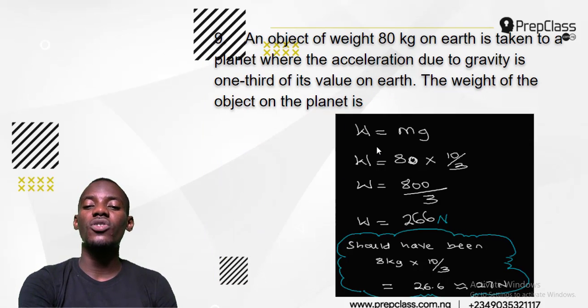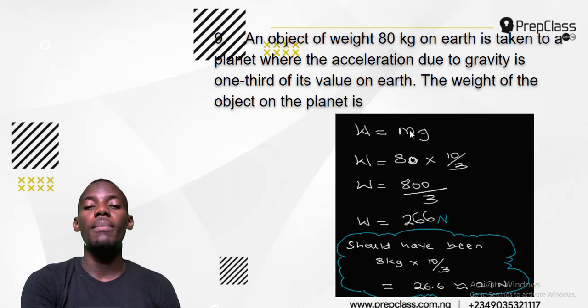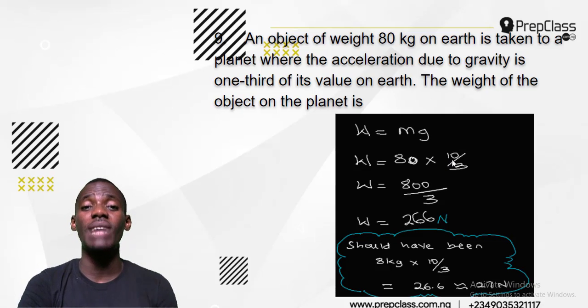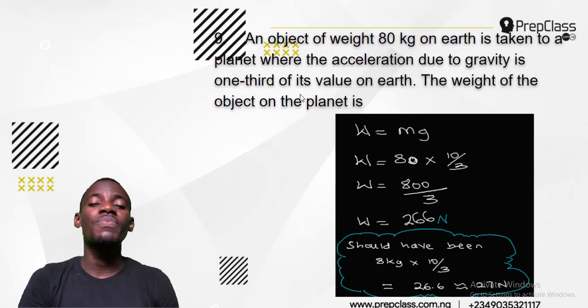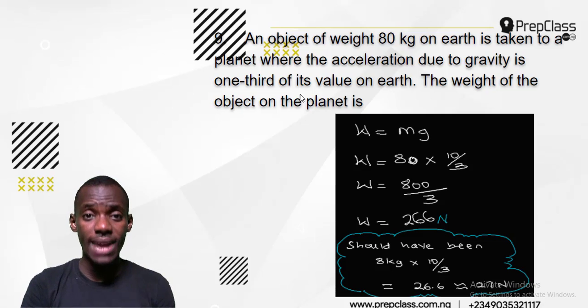The weight of the substance is, naturally, mass times acceleration due to gravity. So my weight is 80 times the acceleration due to gravity on that planet, which is 1/3 of the Earth's, so 10 over 3. Now, if I were to ask you what is the acceleration due to gravity of the Earth? It's always 10, right?